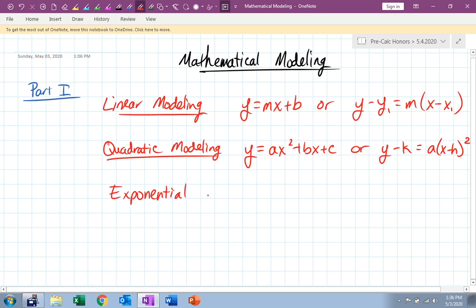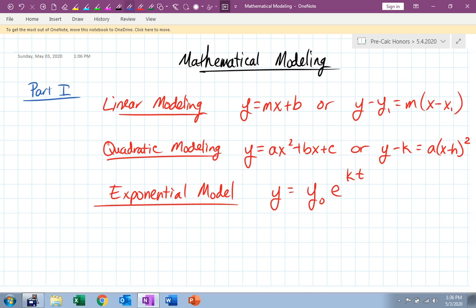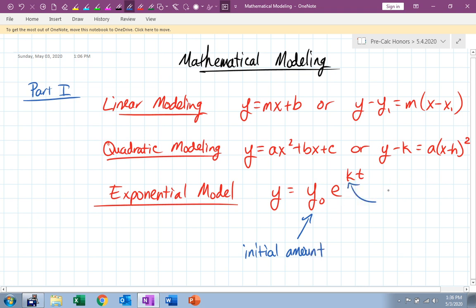So the exponential model actually has e in it. It's y equals y sub 0 e to the kt. This is really related to the continuously compounding interest formula, where y sub 0 is your initial amount. e, again, is just a number on your calculator. k is the constant of growth or decay.